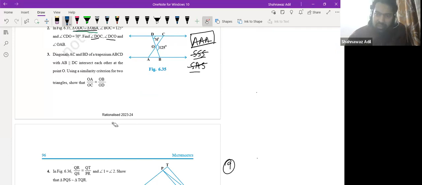Can you check the date they are mentioning on the page? 2015 to 2016. That is the old syllabus.